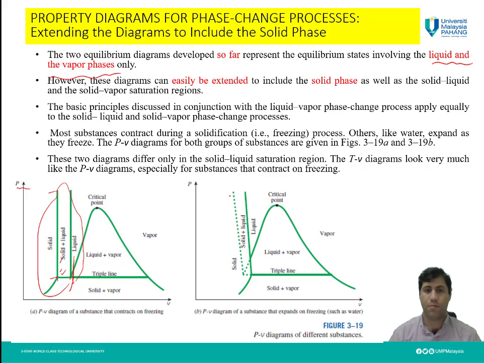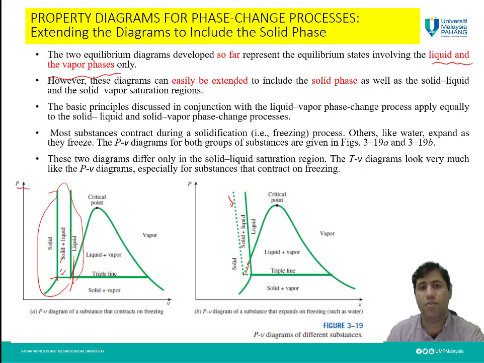You can see here, for example, for water, when it is melting, its volume is decreasing. This solid line is for water, which is an exceptional substance, which when it is melting from ice to water, you can see here volume is decreased. Here you can see the differences between the PV diagram for water and other materials.